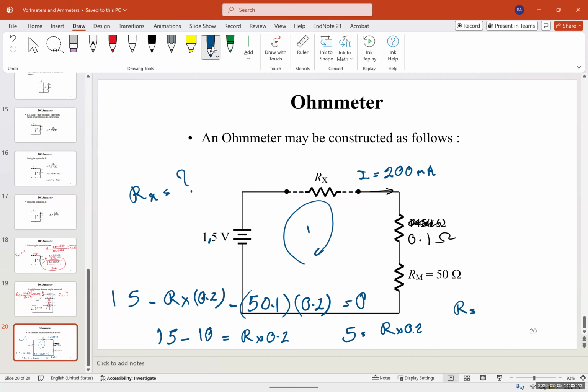So R would be equal to 5 over 0.2, which gives us 25. Am I correct? 25 ohms. So please change this to 15 and the numbers would be correct.